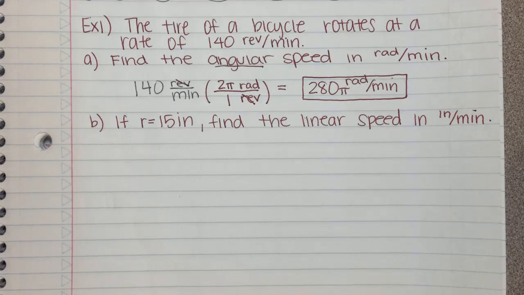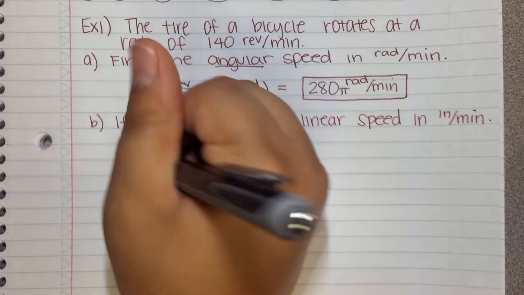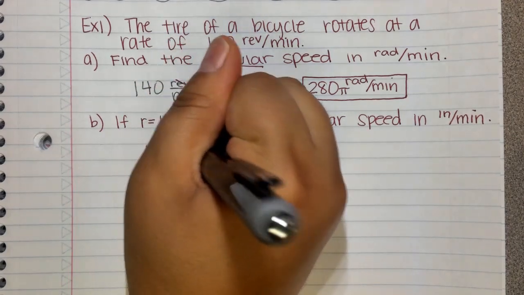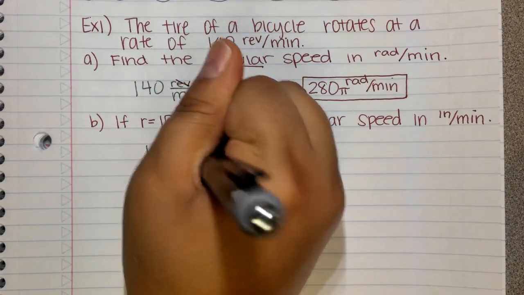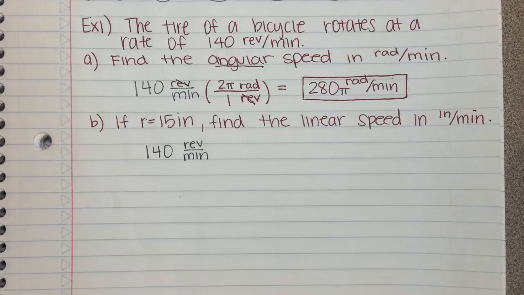What do I know? I know R is 15, but that's actually not going to help me yet. What do I know from the very beginning? The bicycle is rotating at 140 revolutions per minute.